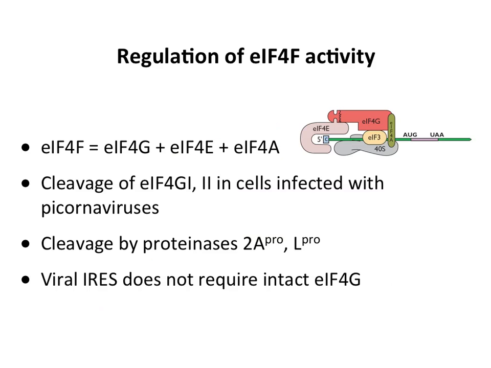All right, and finally, let's talk about what a virus does to the cell to inhibit translation, because as I've said, the virus wants the entire translational apparatus dedicated to it. This is a mechanism that takes place in coronavirus-infected cells and poliovirus, for example.